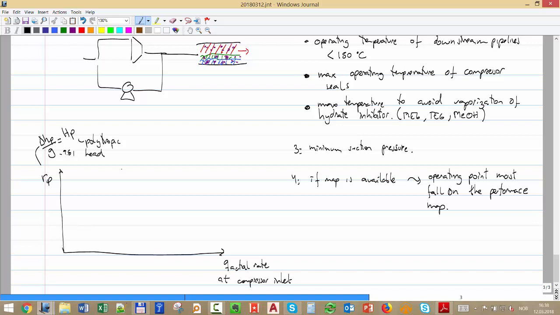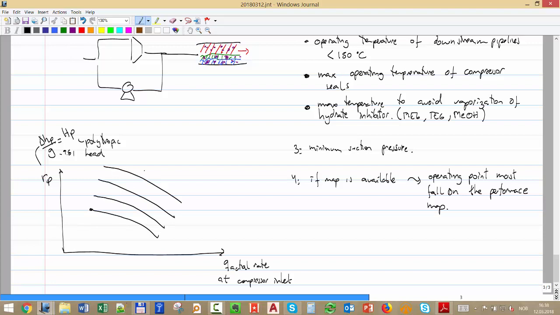Okay, and how does the plot look like? You can think of it in a qualitative way. If I need less rate, then I can give higher pressure difference, and if I use more rate, then I can give less pressure boost. Okay, so it is like the available pressure curve that we have been discussing before. It looks something like that.